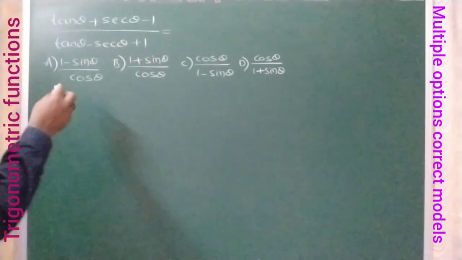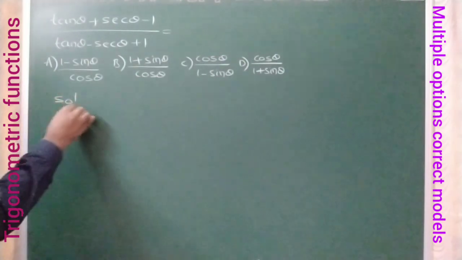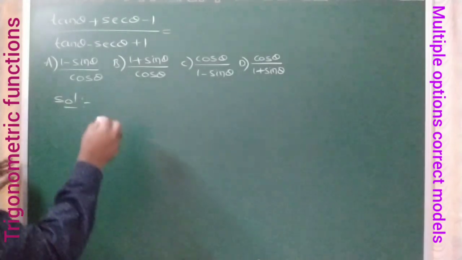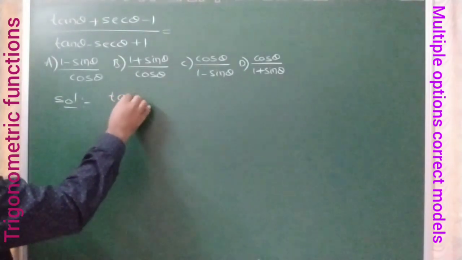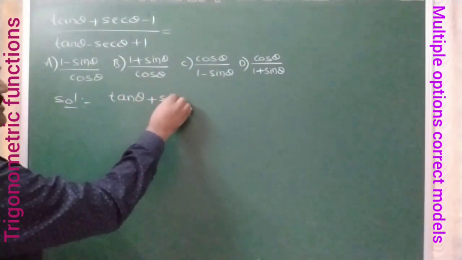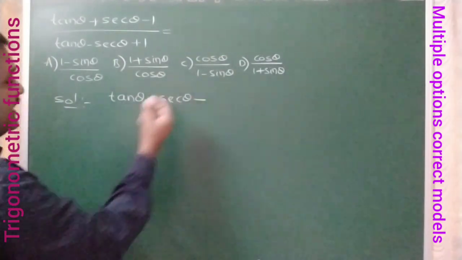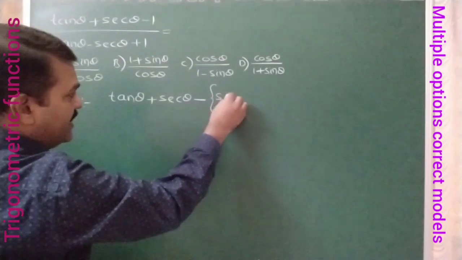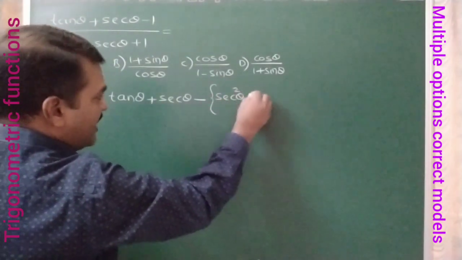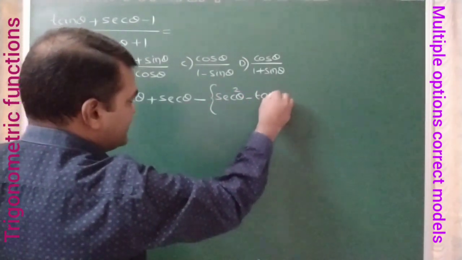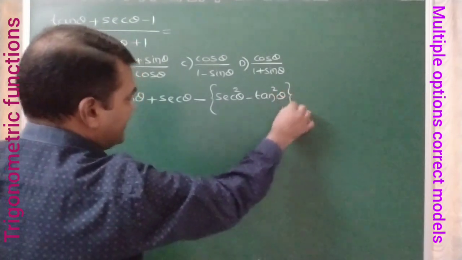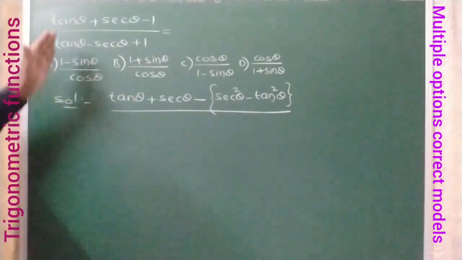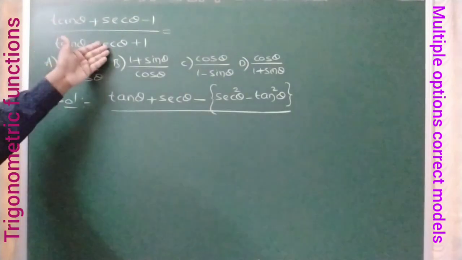So basically for solving this I will try to use the identity. The identity I am going to use is tan theta plus secant theta minus, in place of 1, I will use the identity secant squared theta minus tan squared theta, because the question is clearly in terms of secant and tan only.